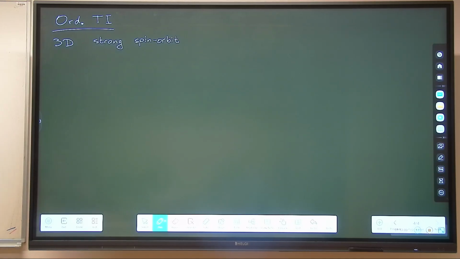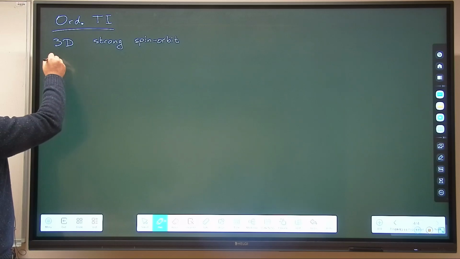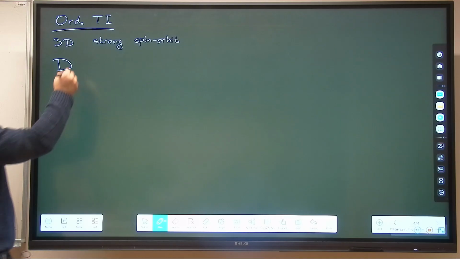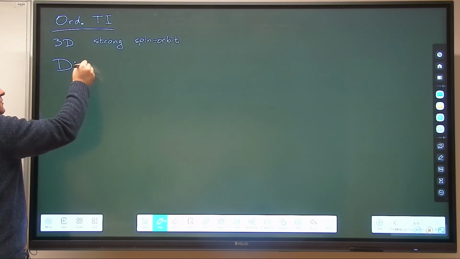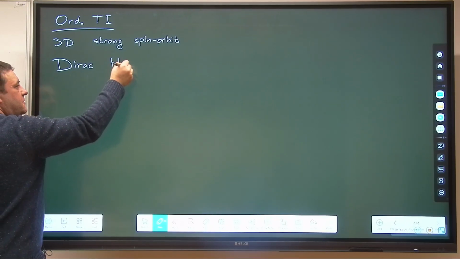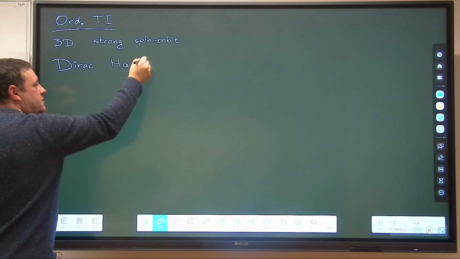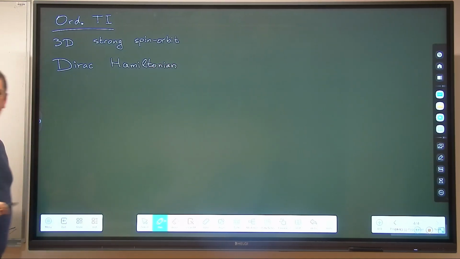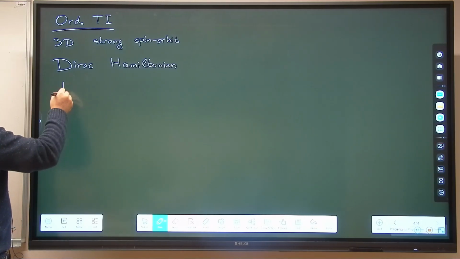And there is a prototypical Hamiltonian to describe a three-dimensional system with a gap, strong spin-orbit coupling, with the highest possible symmetry. And the answer was actually derived about 100 years ago, before any of this stuff even happened, and it's called the Dirac Hamiltonian. The Dirac Hamiltonian describes relativistic electrons, just usual relativistic electrons in vacuum, and it looks like this.